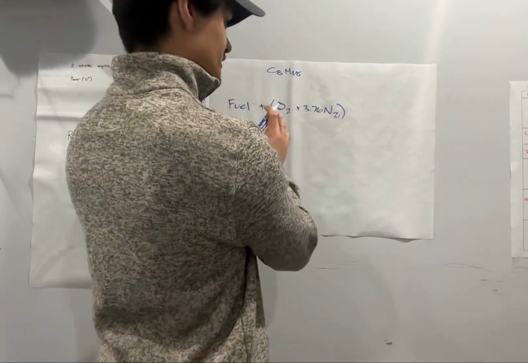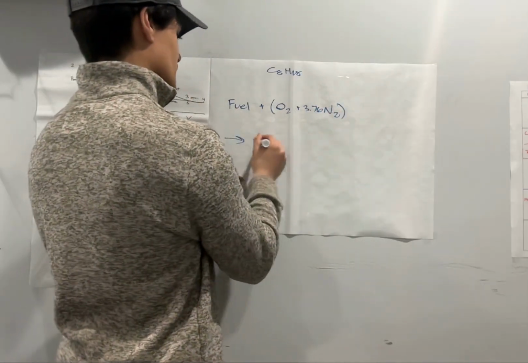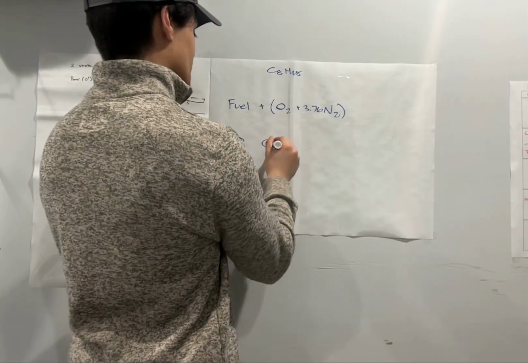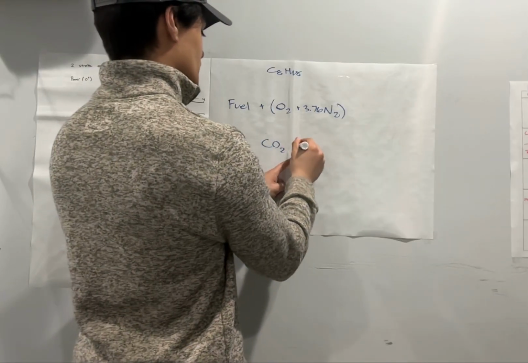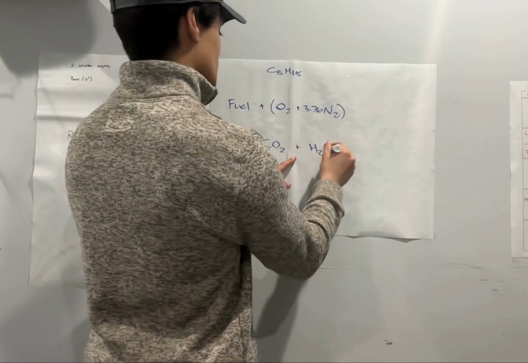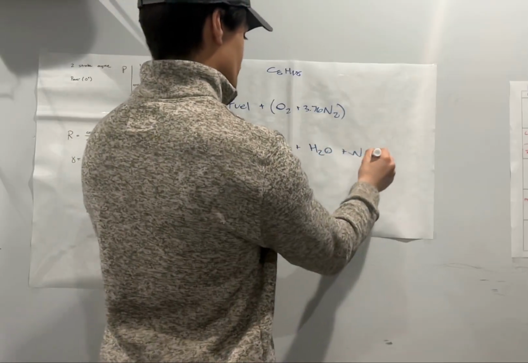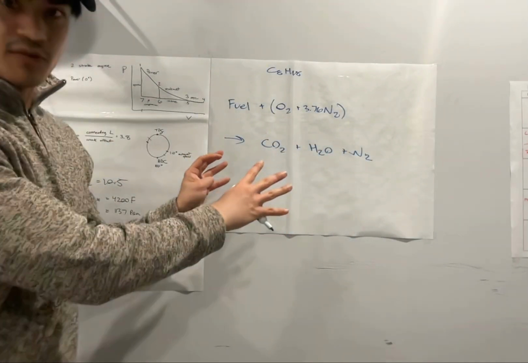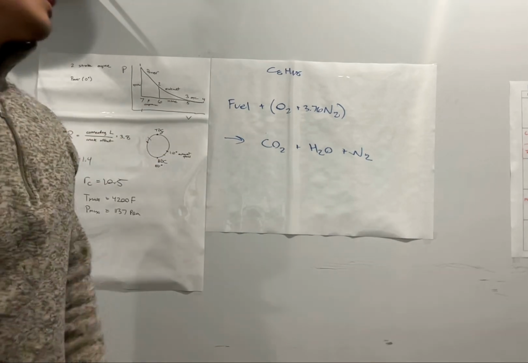This is the reactant side. Plus CO2 plus H2O plus N2. This is the stoichiometric case.